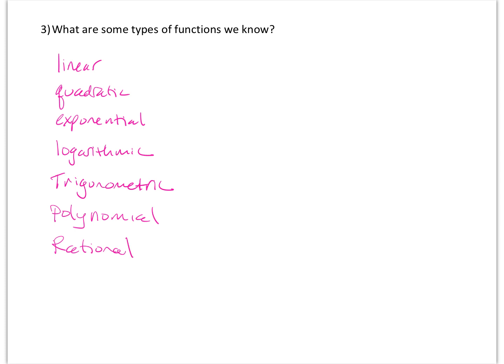That's sort of the key core types of functions that you should have some familiarity with coming into this course.